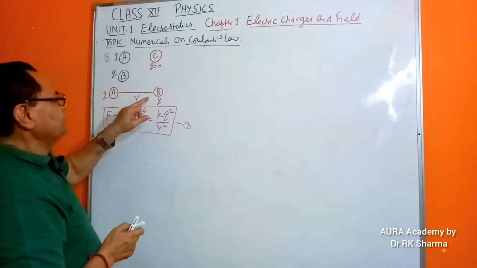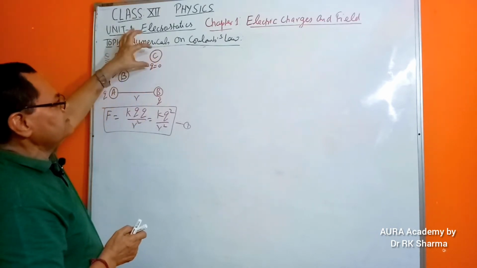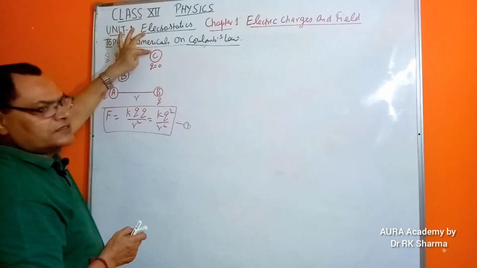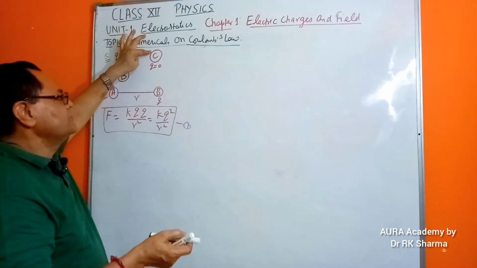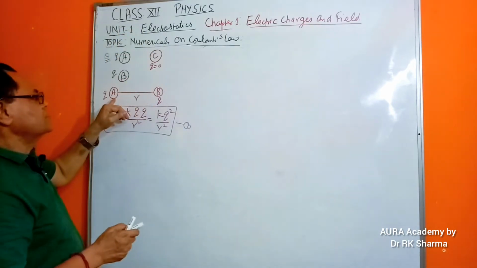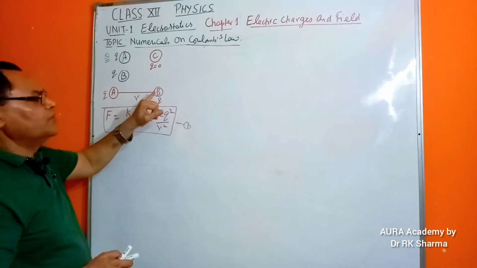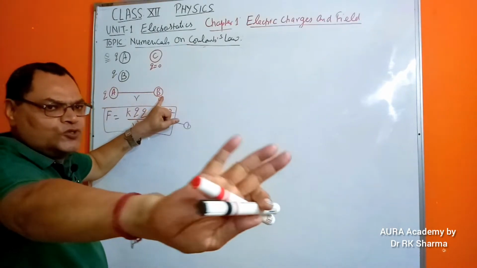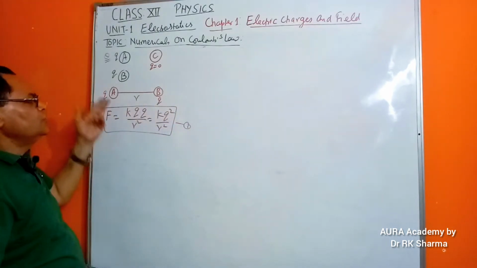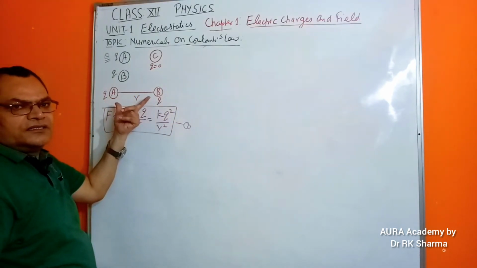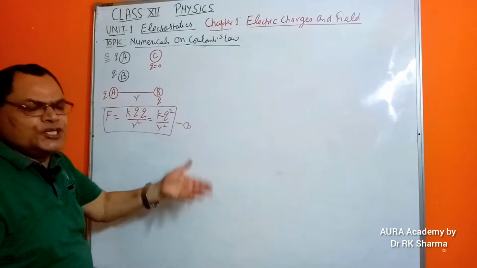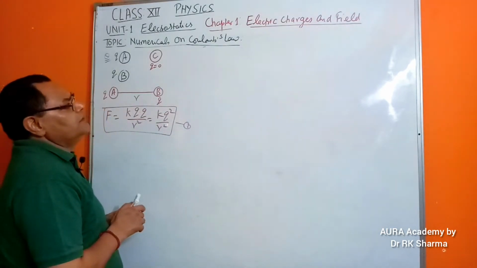Now when A and B were kept over here, the question is, when this third uncharged sphere C, which is identical, is touched with A, then brought in contact with B and removed, find the new force between A and B in the new condition. So what will happen?